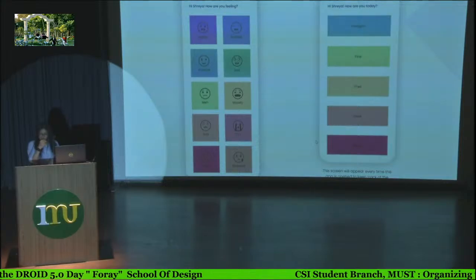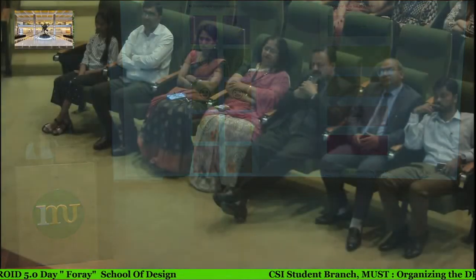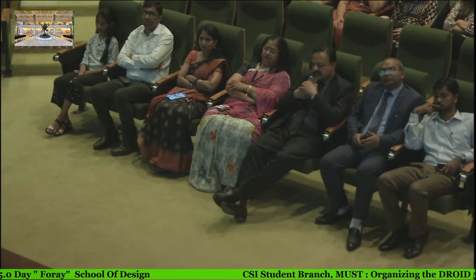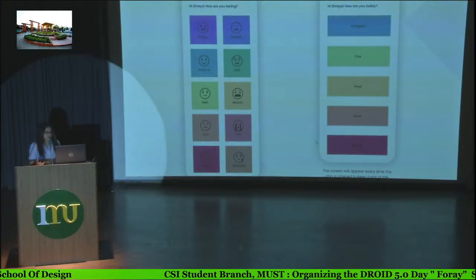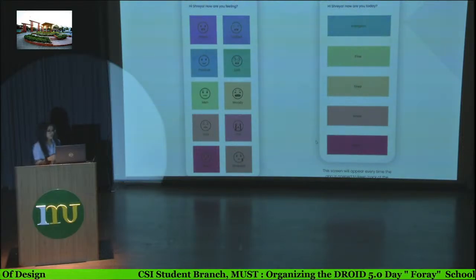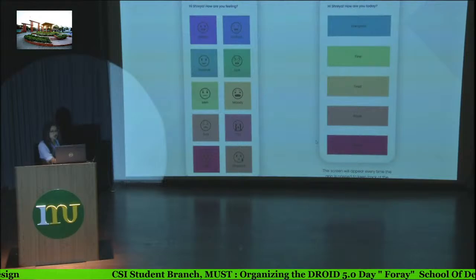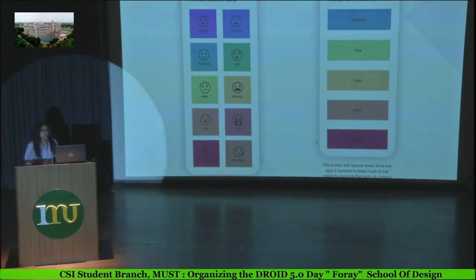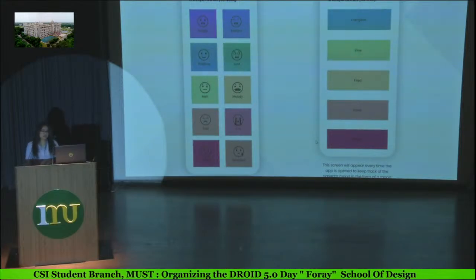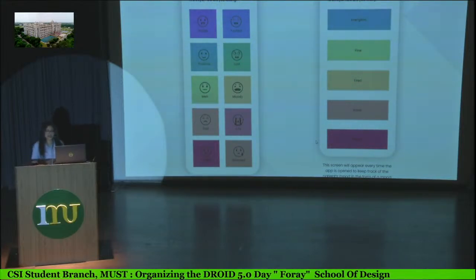During my interviews while talking to people, I found out that cancer patients usually have mood swings, and their health is on and off, like we know. So to keep a record of that, I created two screens, the mood tracker screen and the health tracker screen. The mood tracker screen is basically how you're feeling that day.